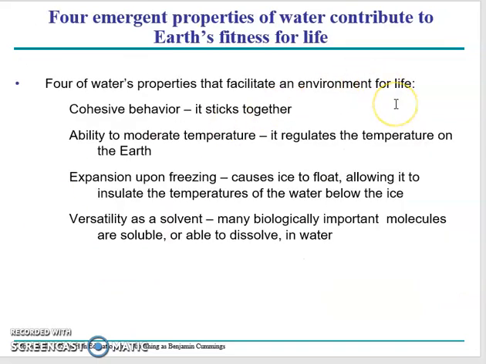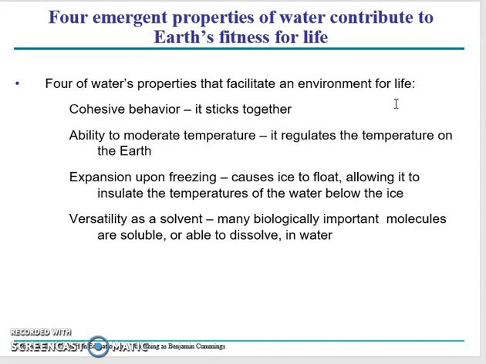So, what the polarity of water allows to happen is cohesiveness. Water is actually pretty sticky to itself, right? So that means it forms droplets and it can sort of travel in groups. Water molecules will travel in groups because they're all attracted to each other. Water also moderates temperature, right? It regulates the temperature on the earth, in the oceans, actually in our bodies.